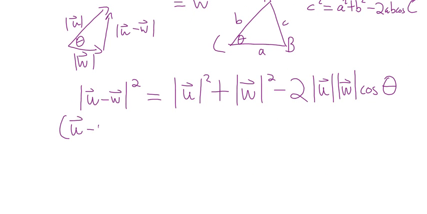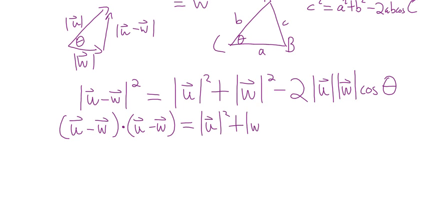U minus W dot U minus W is equal to the magnitude of U squared plus the magnitude of W squared minus 2 times the magnitude of U, magnitude of W, cos theta.